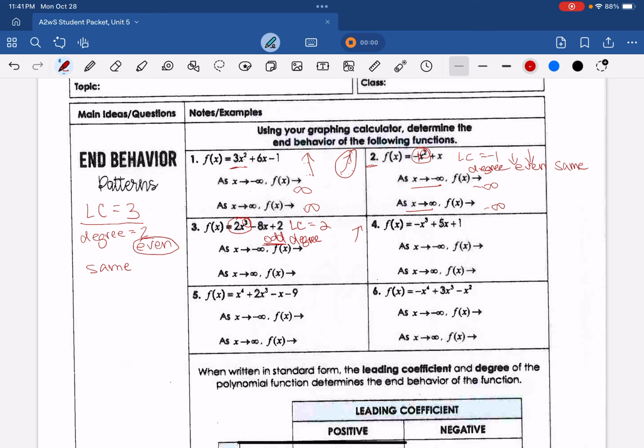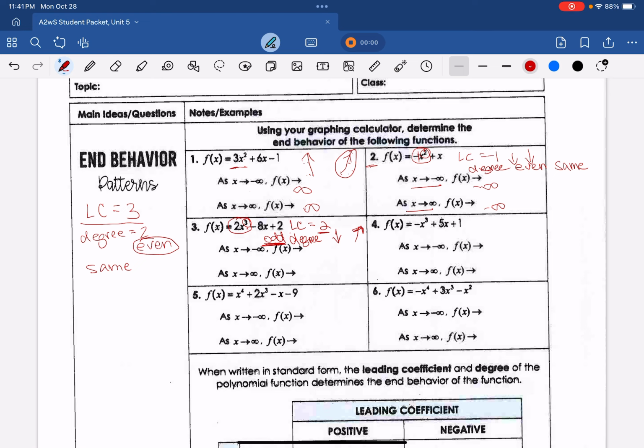So if it's an odd degree, 1, 3, 5, 7, the odds, then your ends are at odds with each other. So if the right side is pointing up, and we know it is because our lead coefficient is positive, then that means the left side will be pointing down. They're at odds with each other, doing opposite things, okay?